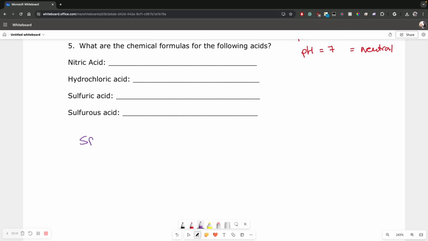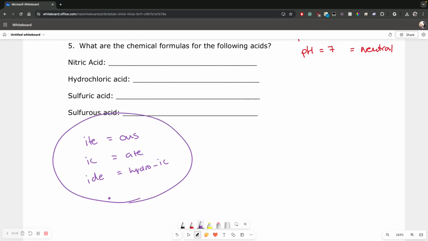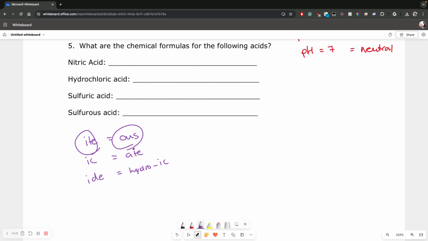ITE is OUS. IC is ATE. And IDE is hydro. These are on the bottom of your periodic table, but if the ion ends in ITE, it will be the OUS form for acids.